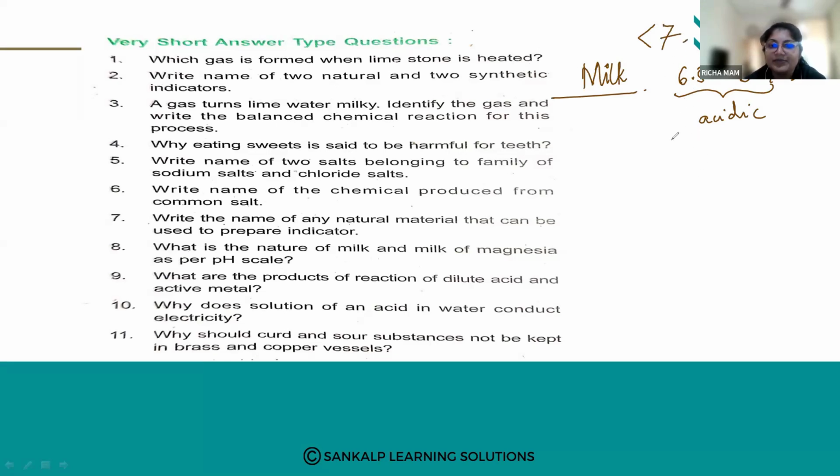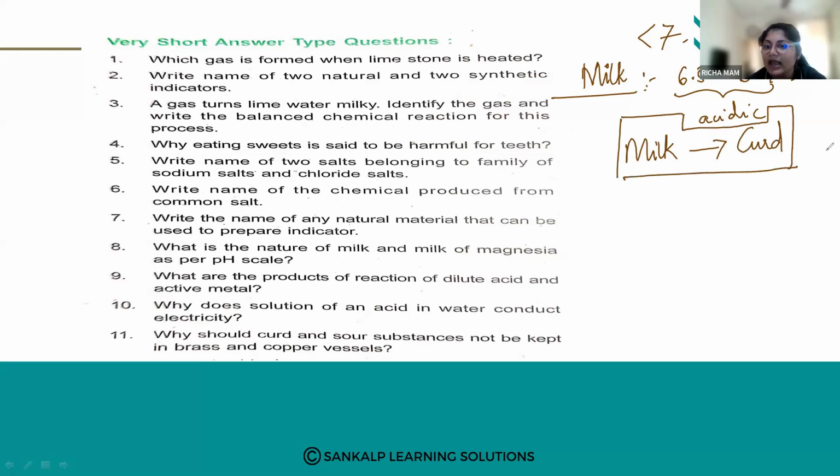Normal milk from cows and buffaloes has a pH of 6.5 to 6.7. This acidity causes curd formation, so because of this acidic pH, milk can be converted into curd.